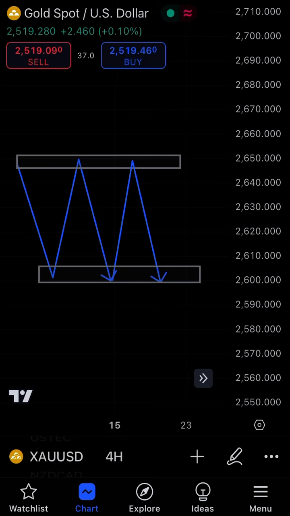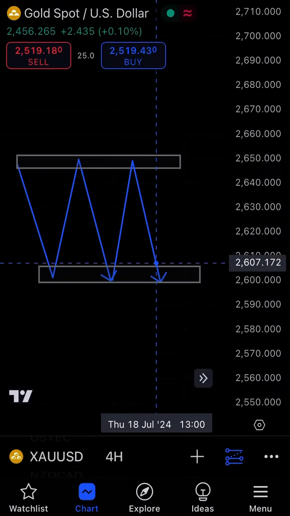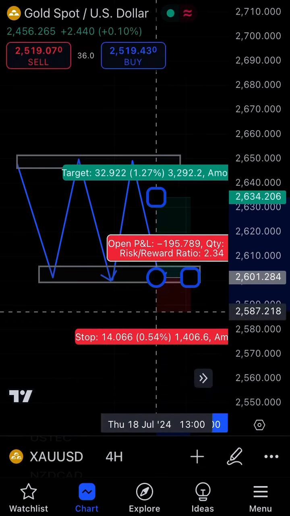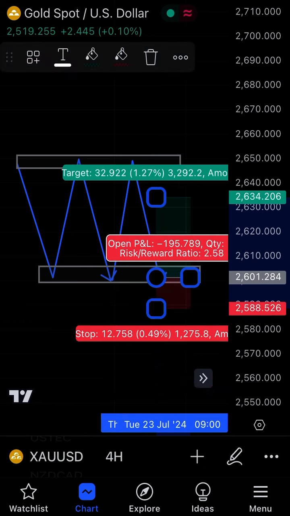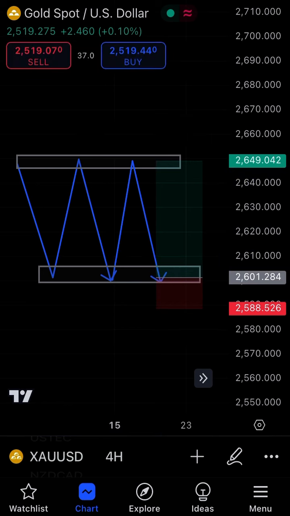So when price comes back to our support level, we'll check for reactions and then we'll enter our trade. We'll enter our trade from this level here, place our stop loss below the zone, and then place our take profit at the nearest resistance. Okay, so let me go to chart and let me explain more to you guys so that you guys can understand clearly.